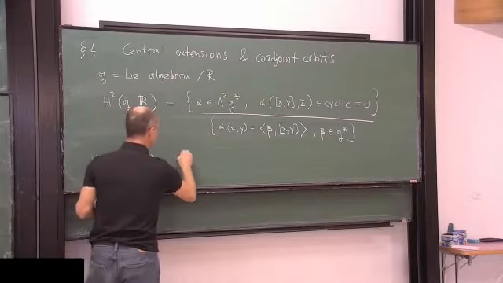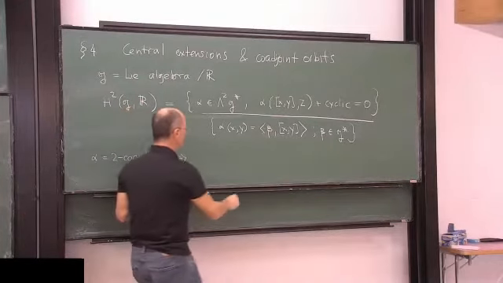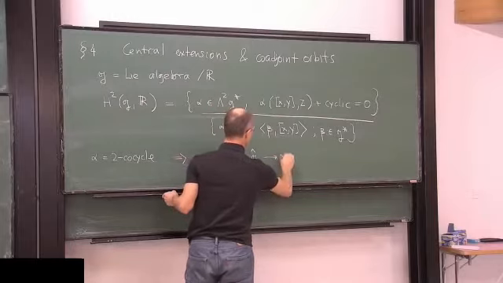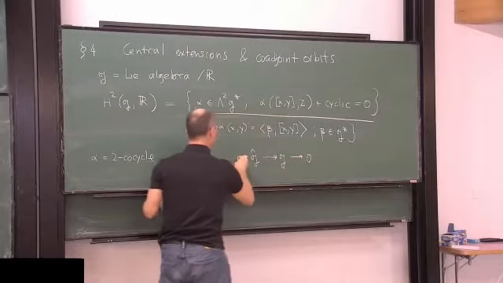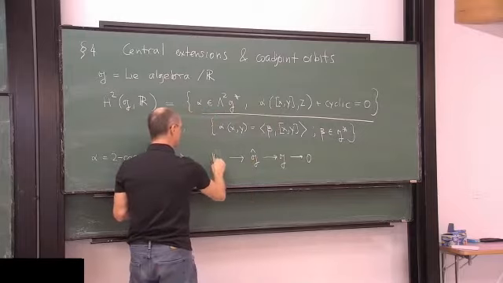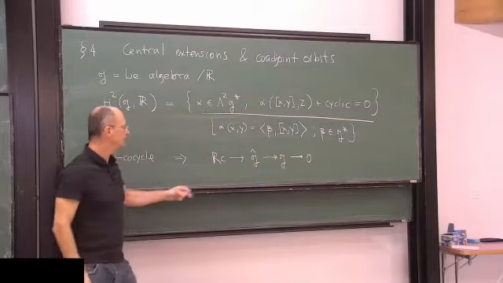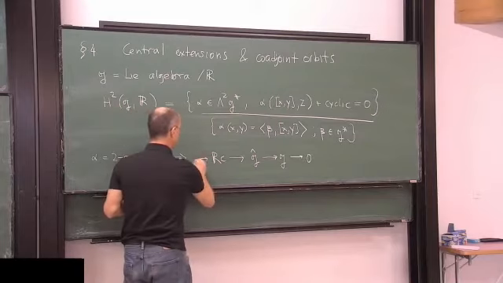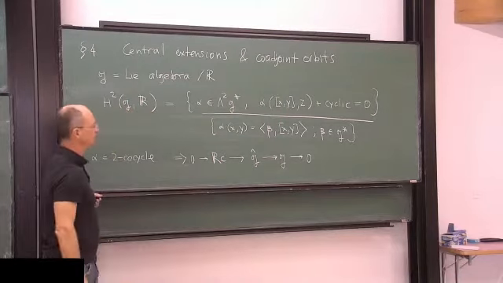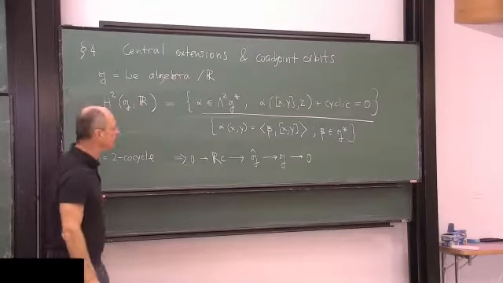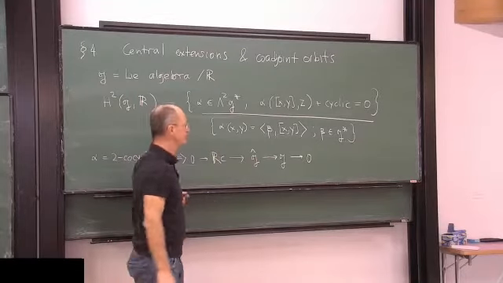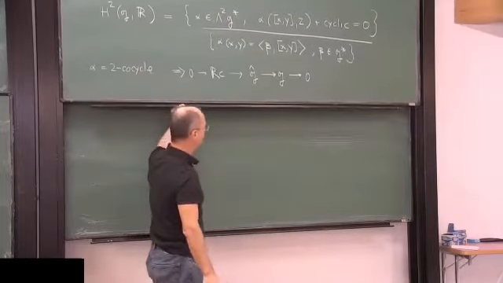So then we can define a central extension of g by a real line, and I denote the generator of that real line by C. So I define a short exact sequence of Lie algebras, and I'll now give an explicit description of this g hat.